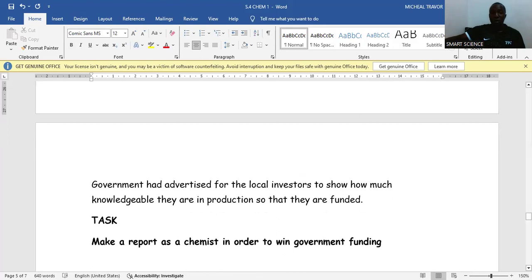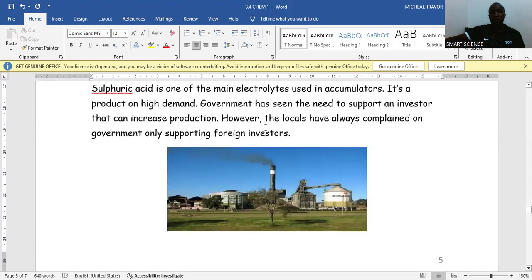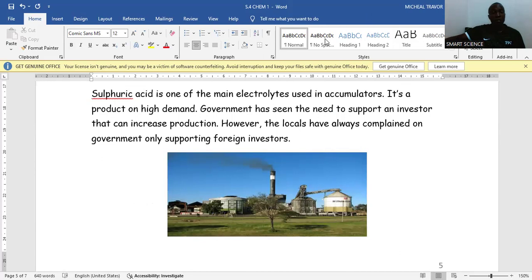So with this scenario, we want to see how best a learner's response can be and how we can be in position to answer and score marks accordingly.